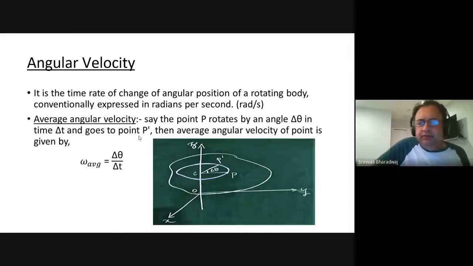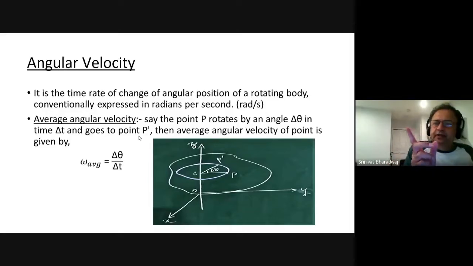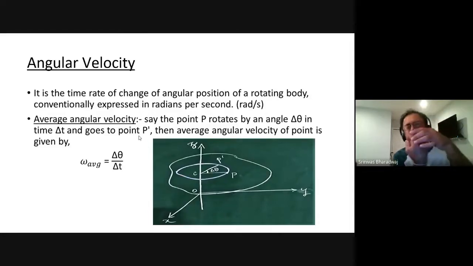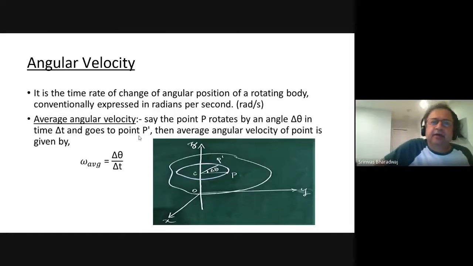In terms of the notation for the direction, if something is spinning like a top, it has an axis and it is spinning about this axis of rotation, then the angular velocity is along that axis. If it is a merry-go-round spinning like this, the angular velocity is upwards. By the right hand rule, it will be upwards. So that is the direction of the vector angular velocity.